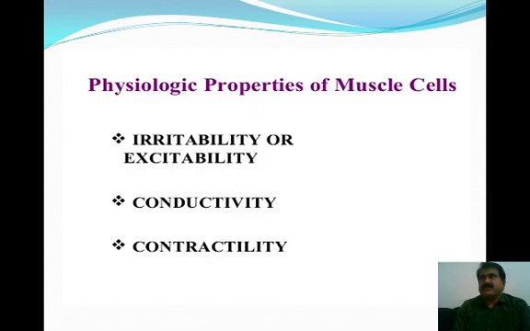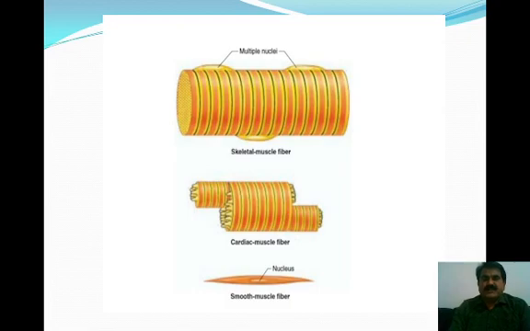Contractibility is another most important property of the muscles, as they undergo regular contraction and relaxation. Structurally, the muscles have multi-nucleated cells. Specifically, the striated or skeletal muscles are multi-nucleated cells.